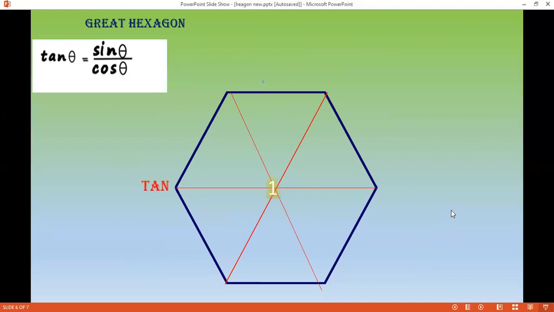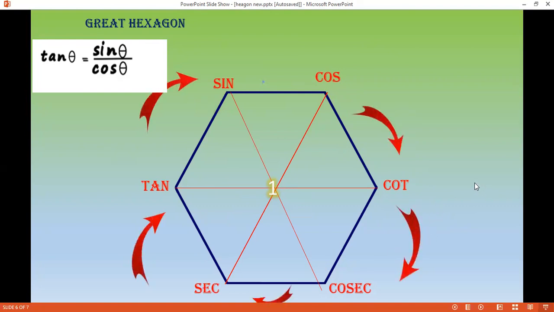Depending upon that, we place tan, and then sine and cos, and all trigonometric ratios on the right side of the hexagon should start with C. That's why we take cos, cot, cosec, and the last one left is sec. But these should be in clockwise direction. This is very important. This is our setup of the hexagon. Very good. We got the hexagon setup.